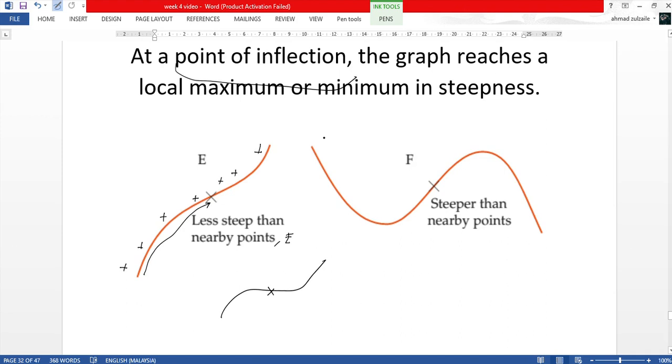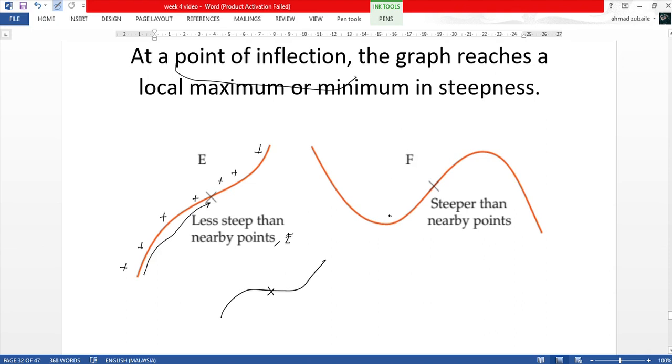But I just want to highlight the point of inflection basically is the connection between two concavities, and then they reach a local maximum or minimum in the steepness. They become less steep, meaning from more steep to less steep ada point of inflection. Sama juga di sini, ini clearly consists of connection between concave up and concave down.